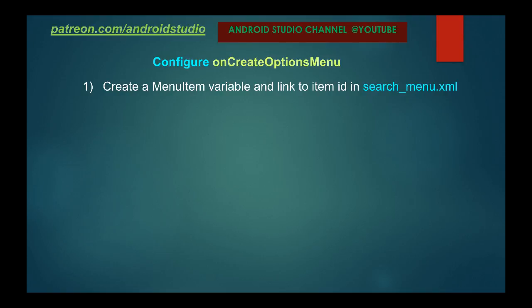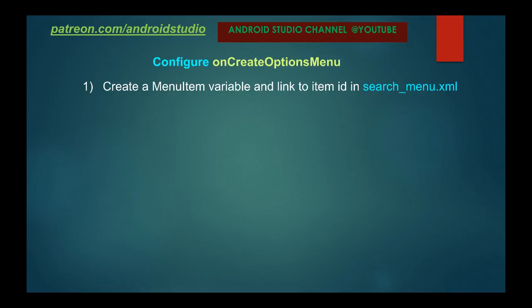So in order for you to select or filter the items in your list view, you have to configure onCreateOptionsMenu. This onCreateOptionsMenu had been generated as an override method as shown in the third video at YouTube in my Android Studio channel.